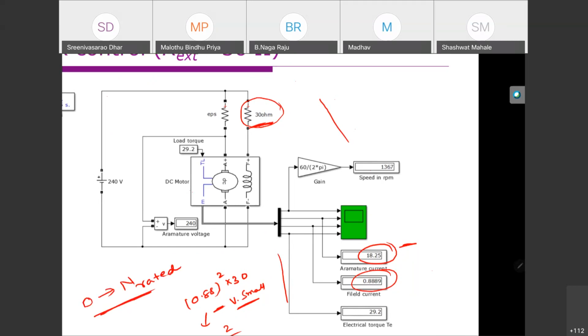In industry they do not use armature voltage control by using external resistance, and whatever we studied as field winding control, that is the flux control, is also not used.